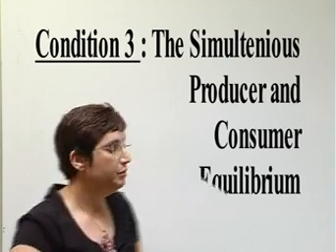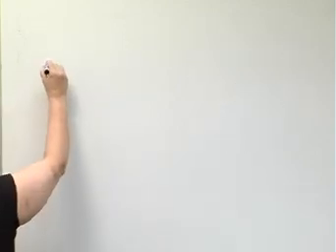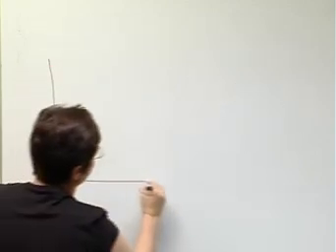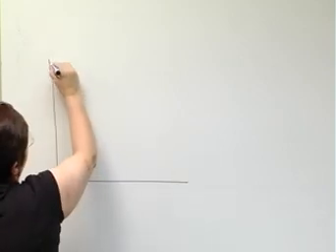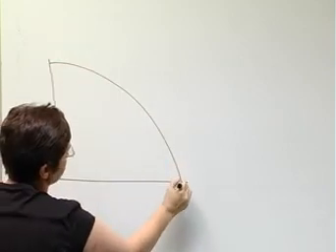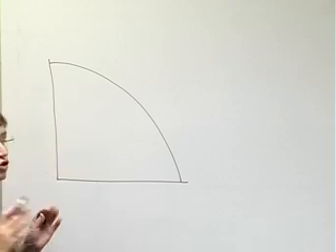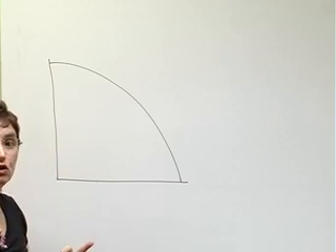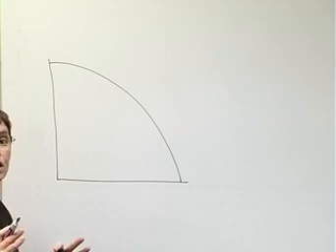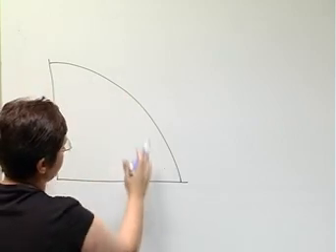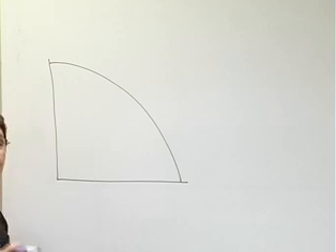You'll see that first of all, I'm going to draw my production possibility curve. Remember, I said it's a concave curve, and I'm going to transfer condition 2, the efficiency in consumption, into this space so that you can see that it is simultaneous consumer and producer equilibrium.